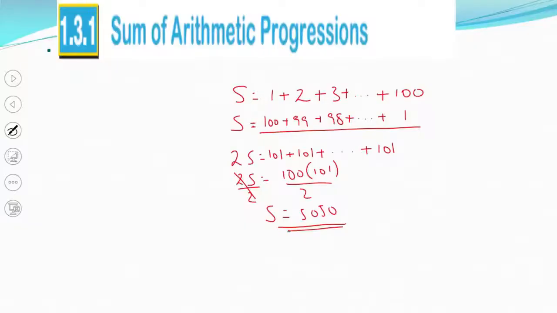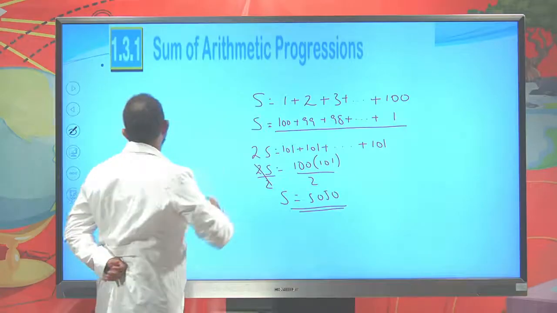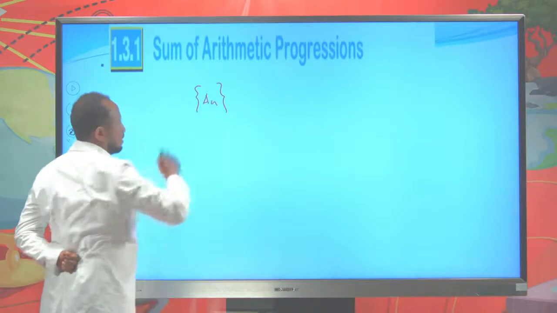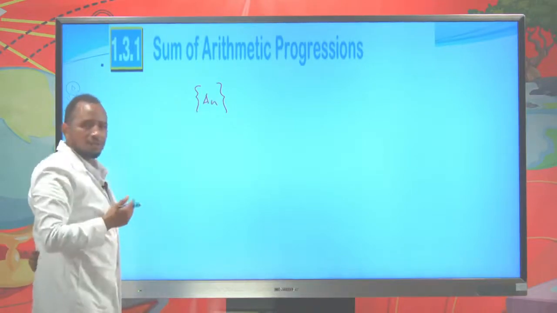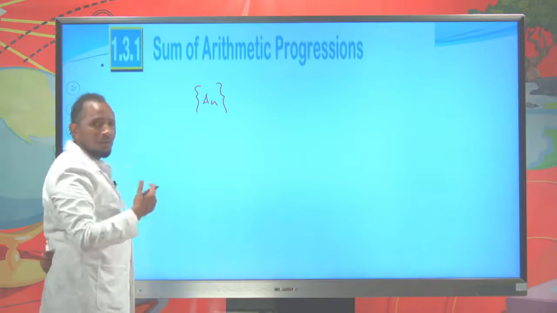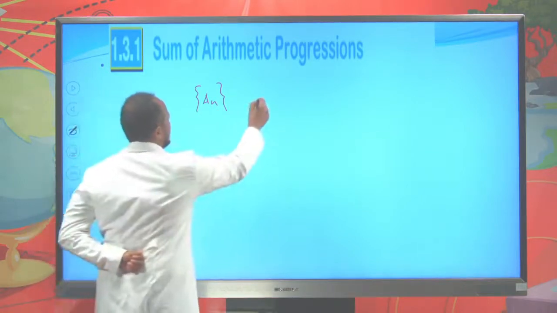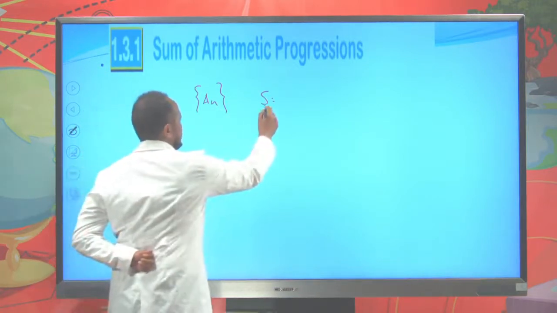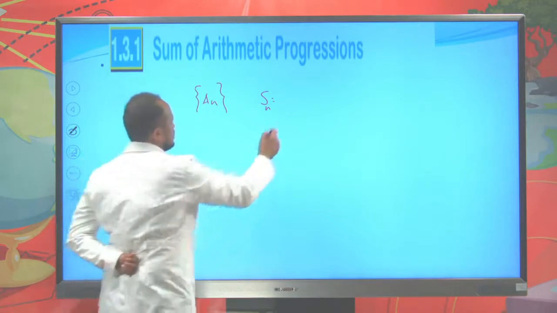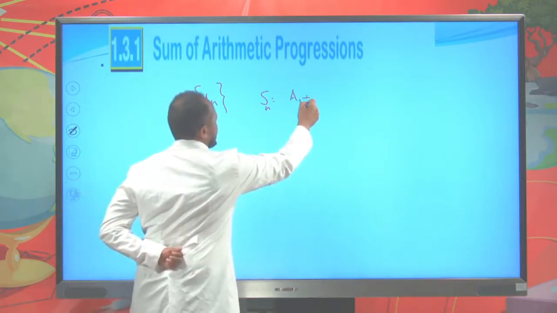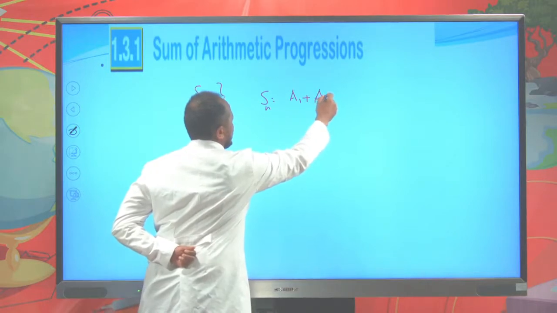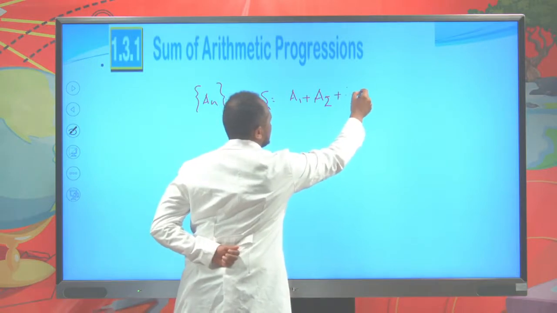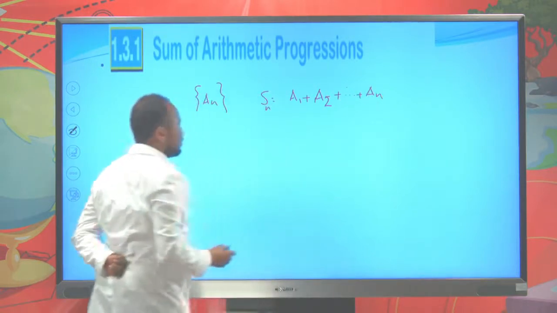Now let's see how this technique was developed into a formula. Assume this is an arithmetic progression. To find the sum, let's follow the technique Gauss used. The sum of n terms of this arithmetic progression, Sn, is equal to a1 plus a2 plus up to an.